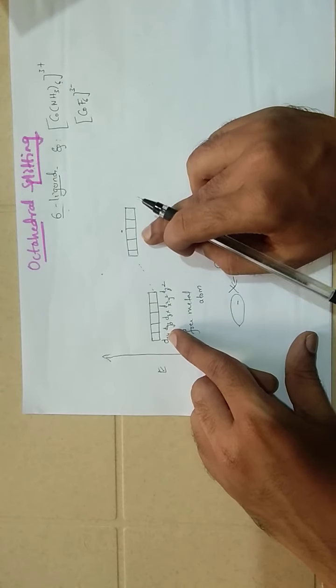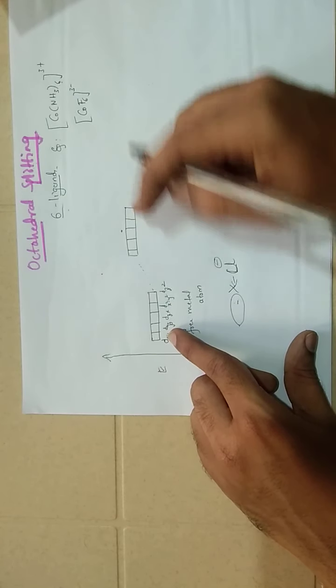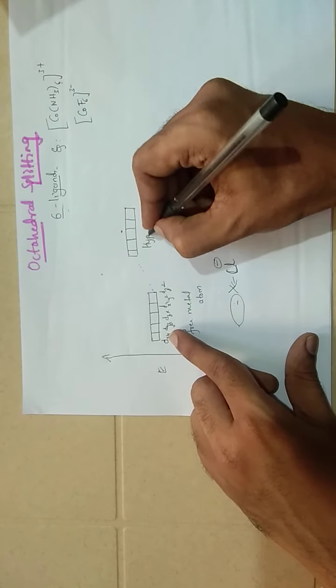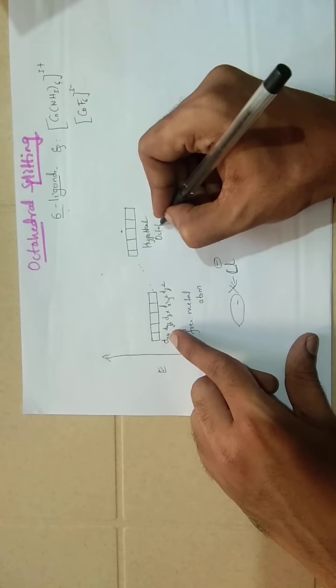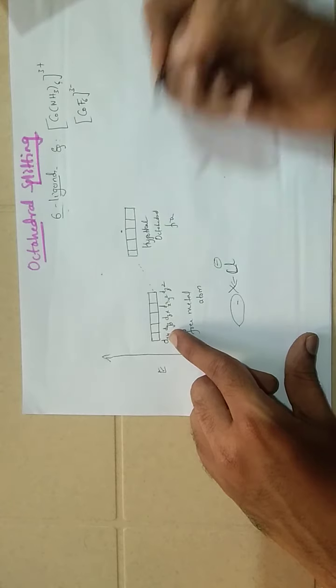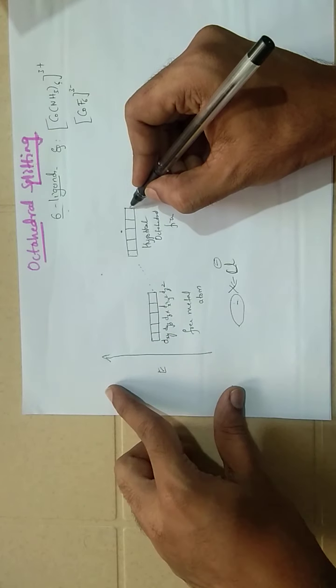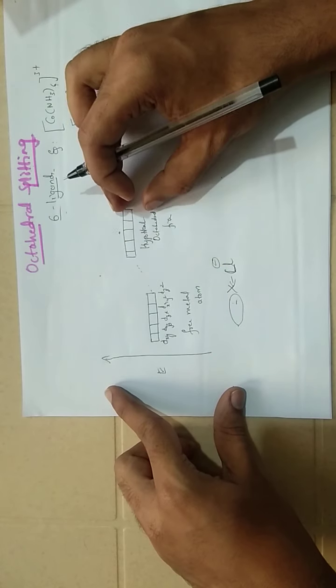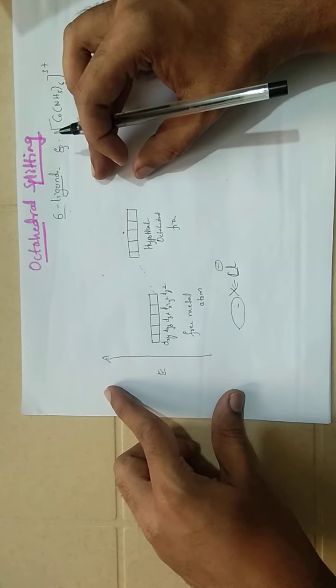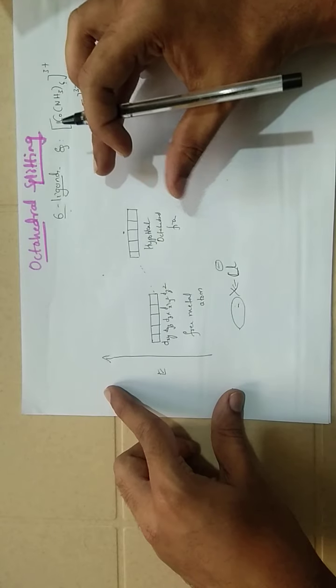We can call this the presence of a hypothetical octahedral field. When the ligand approaches, the degeneracy, meaning having the same energy, is broken. Now they split into two sets, where there will be a difference in energy.